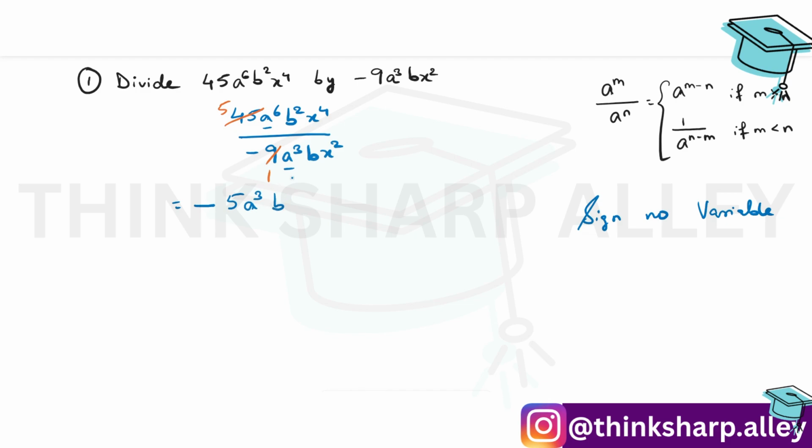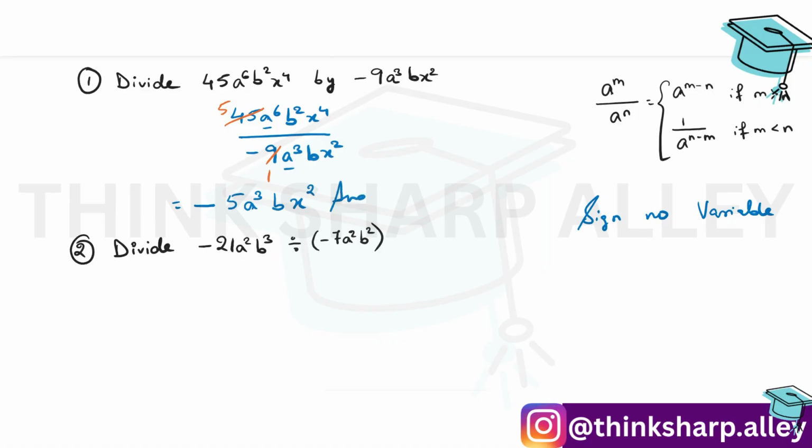Now b to the power 2, and here no power means actually there is 1. We do not write 1. It remains hidden. So b to the power 2 minus 1 is again 1, and we will not write 1. And x to the power 4, and this 2 will be subtracted. 4 minus 2 is 2, which is the answer.